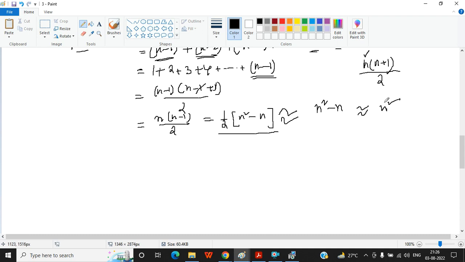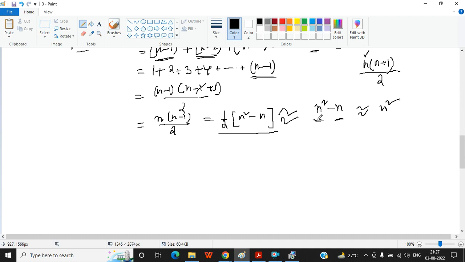Why? Because in these two terms, the biggest term is n square. As the value of n increases, this n square term increases more rapidly, so the remaining term could be ignored.